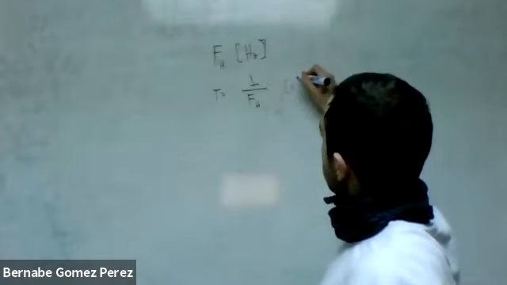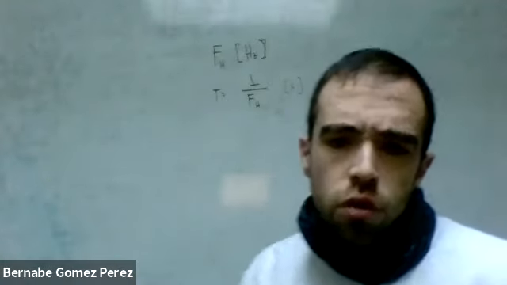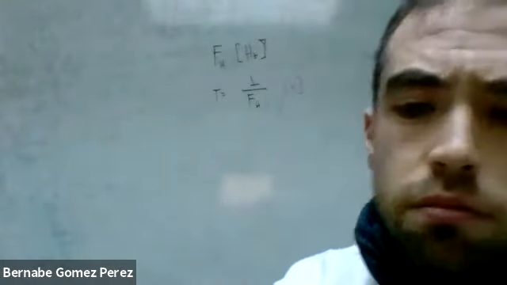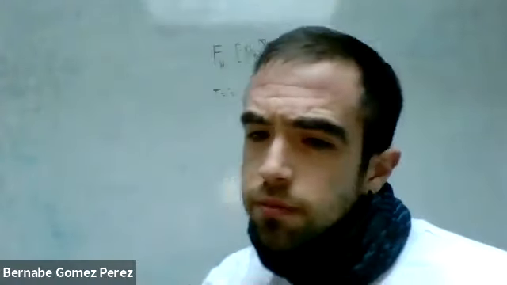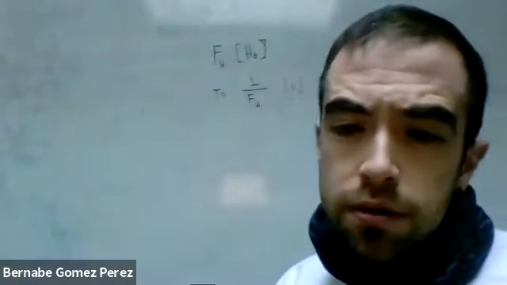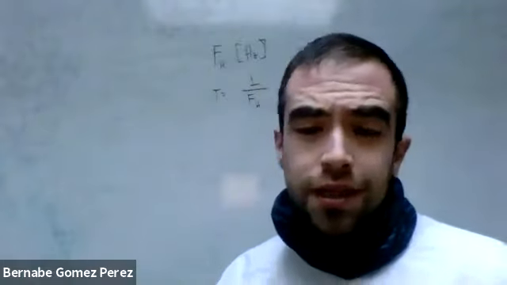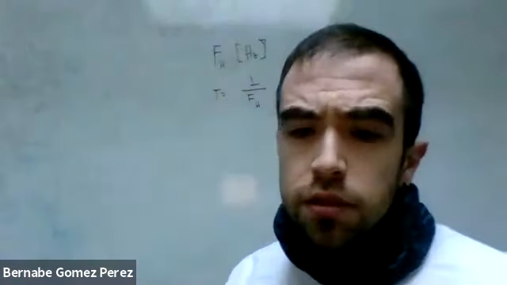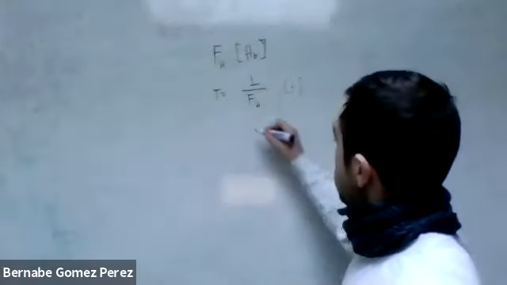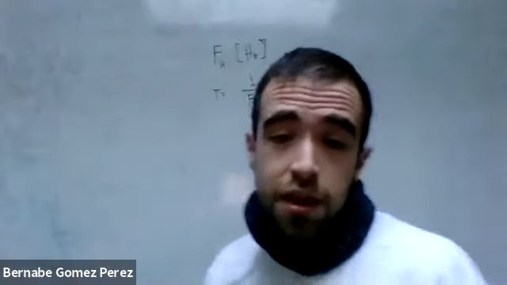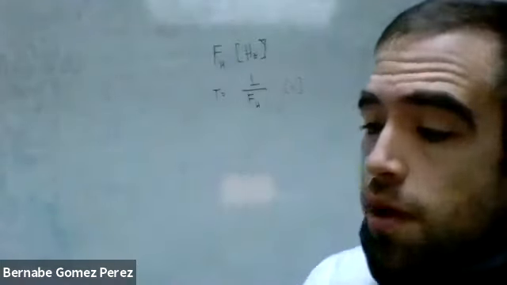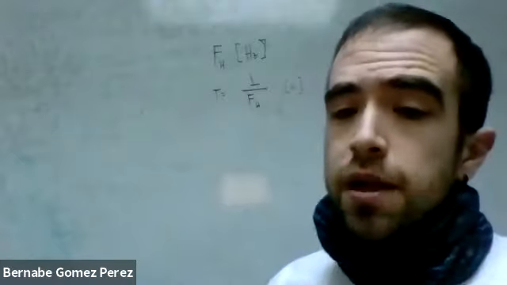Okay, this would be in seconds. So I would just do 1 divided by this huge number. Okay, you can take the calculator and calculate it. And you would just write 3 significant figures, which means that after the comma, you would just take 3 decimals, okay?